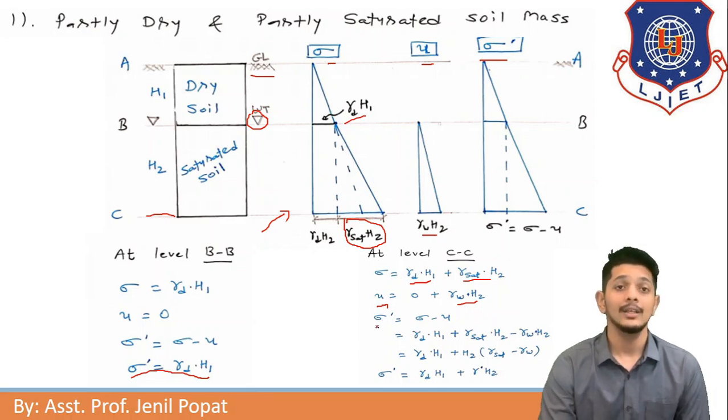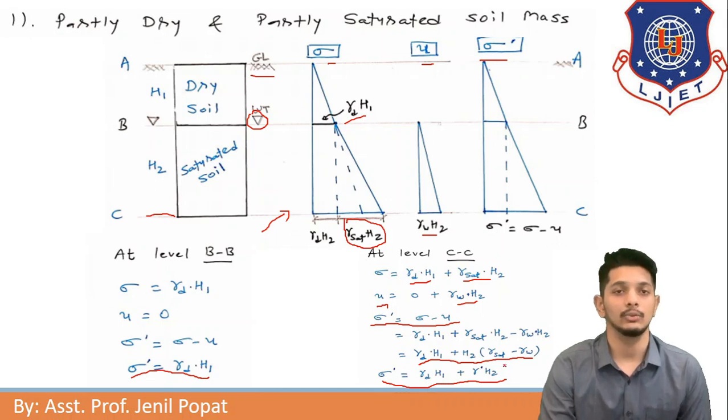Now finding effective stress, the formula is sigma dash is equal to sigma minus u. Putting the sigma and u values, it becomes gamma d H1 plus H2 into gamma saturated minus gamma W, and finally gamma d H1 plus gamma dash into H2, where gamma dash is the submerged unit weight.